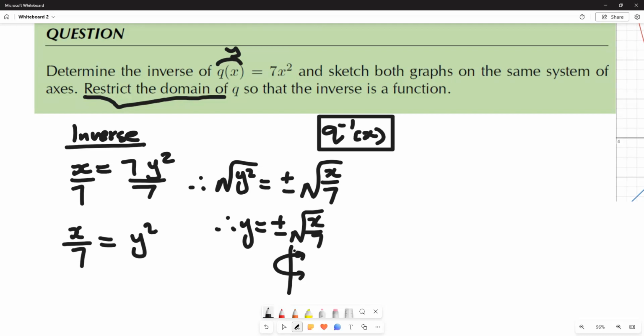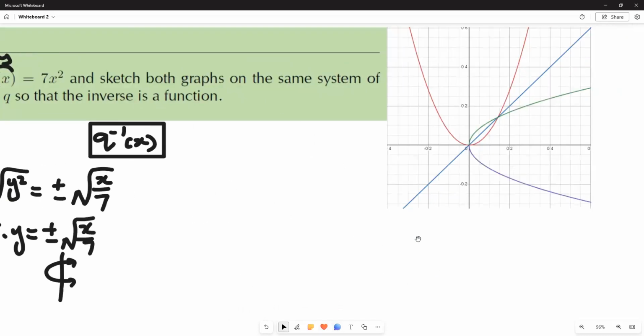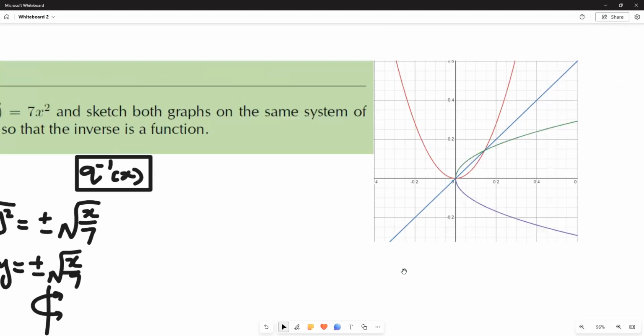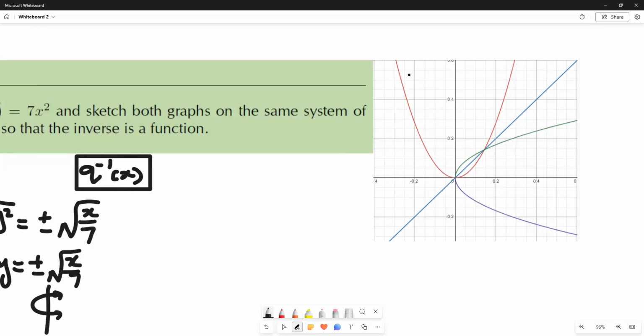Sharp. Now let's go to sketching. We sketch them here. So this is basically our P of x. Q of x is this guy here. You show arrows to show that they keep on going. Arrows everywhere.